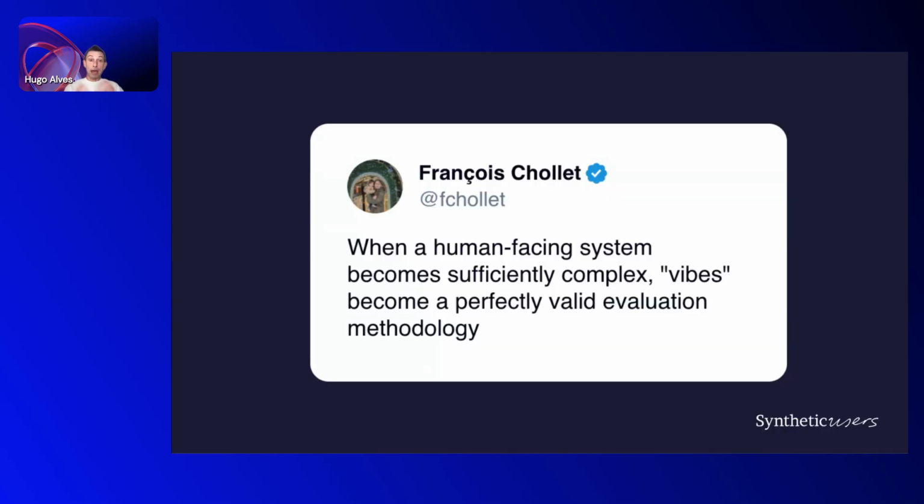So having said all of this, not sure if all of you know who he is, but François Chollet is a researcher that works at Google. He's an AI researcher, an amazing one. And he has these tweets that I found fascinating, because sometimes these systems become so complex and there are so many interacting parts that just vibes, just kind of feeling if it makes sense or not, can be a perfectly valid evaluation strategy.